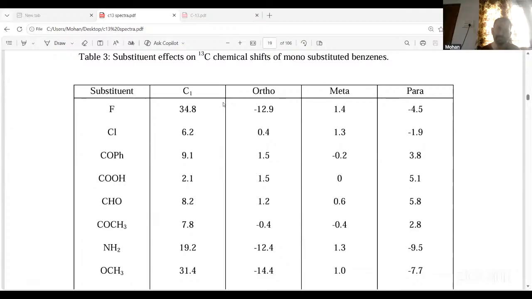Okay, C1, ortho. If fluorine is present at the ortho position, then it is minus 12.9. If it is at meta, 1.4. If it is at para, minus 4.5. If it is on the C1 carbon, 6.2. If at ortho, 0.4.